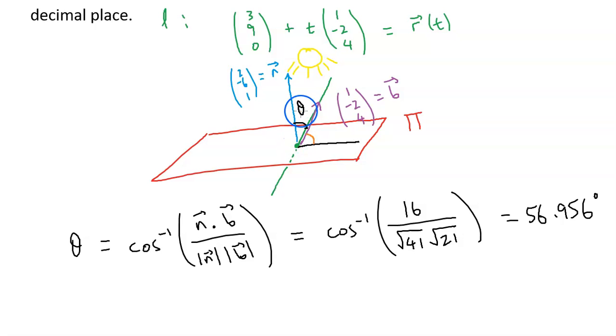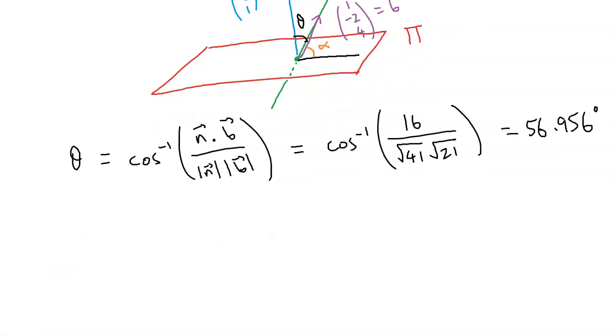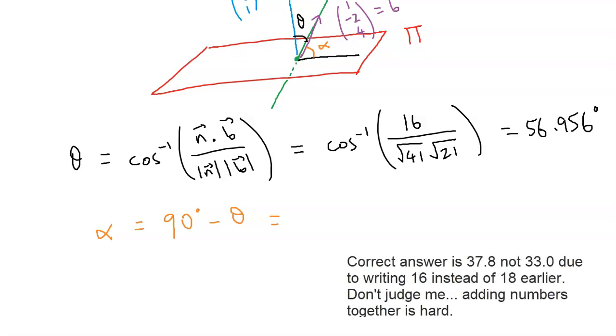So clearly together theta and this angle, which we can call alpha, is going to make 90 degrees. And we just found theta, so therefore alpha is equal to 90 degrees minus theta, which is equal to 33.0 degrees to 3 significant figures.